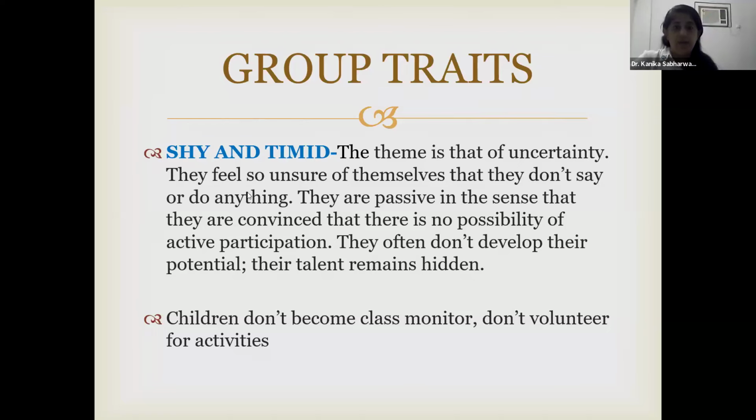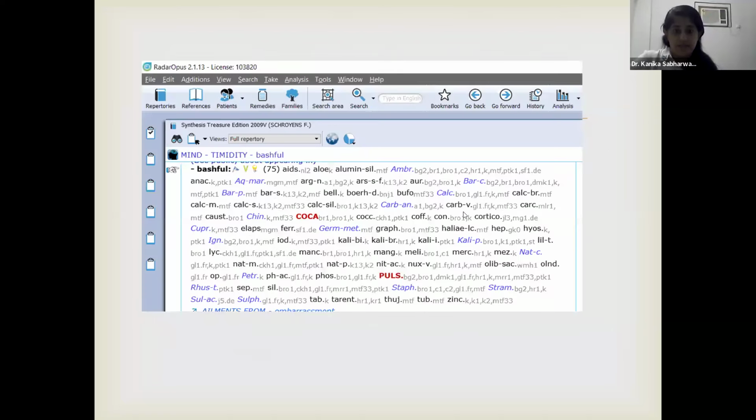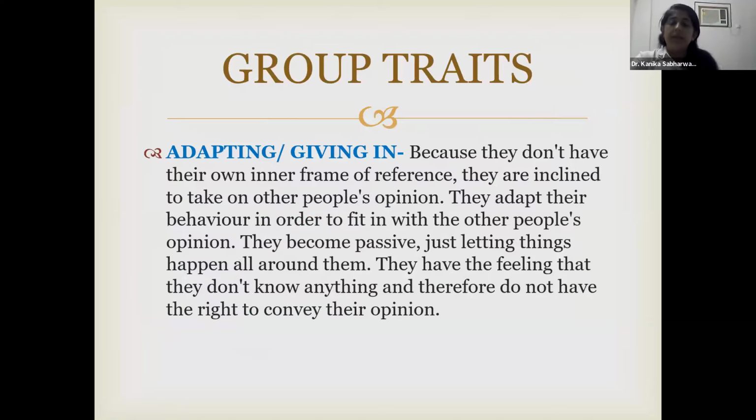Let us again come back to our example. Baryta carb, Baryta phos, Calcarea carb, Calcarea brom, mure, sulf, silicata. Right? So as you see, again, not much Magnesium in this rubric, but a lot of Calcarea and Baryta. Now, because they are so unsure, because they don't have an inner frame of reference of what is right, what is wrong, do I know what I'm doing?